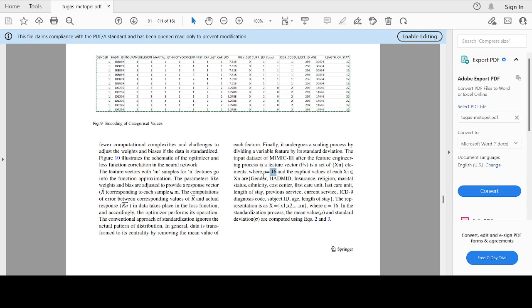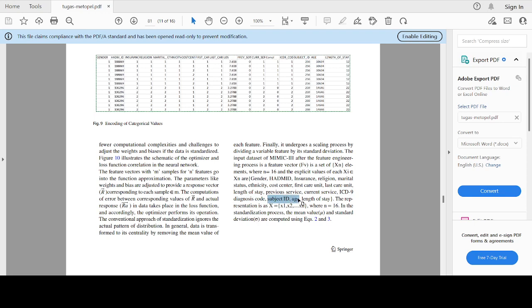Okay, so this is basically the features that are used: gender, HTML, admission ID, insurance, religion, marital status, ethnicity, cost center, first care unit, last care unit, then substep, previous service, current service, ICD-9 diagnosis code. As I said before, I don't understand this code, but apparently this is a feature extracted from the dataset.